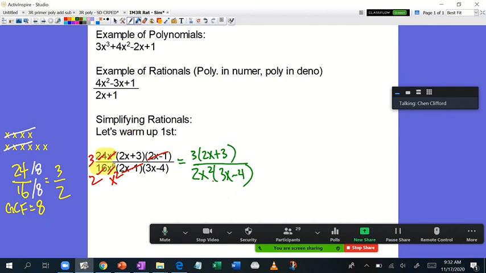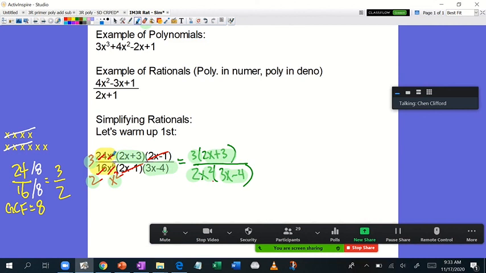Let me put your final answer in green highlights here. So that's your final answer. We're basically crossing off parentheses that match.